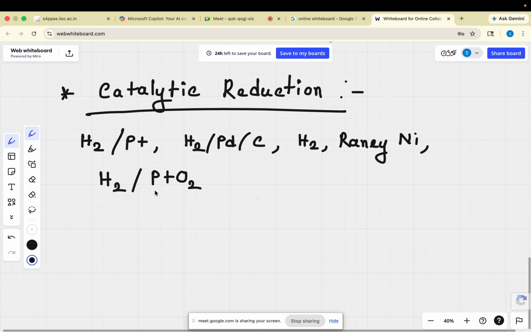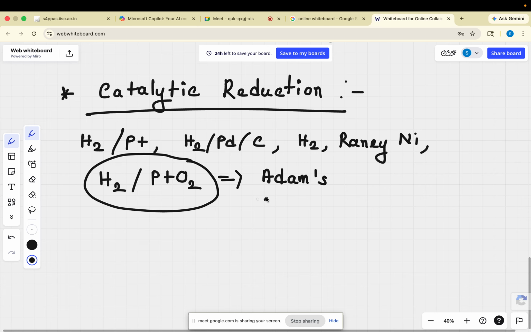PtO2 means platinum dioxide, right? Together, hydrogen and PtO2 are known as Adams catalyst. Clear? So these are the types of reagents we will use in catalytic reduction.